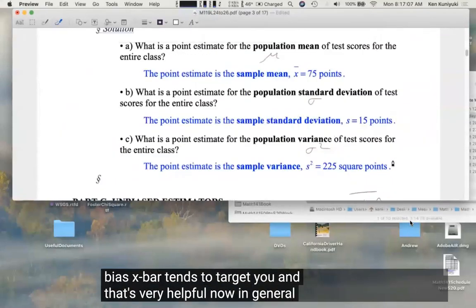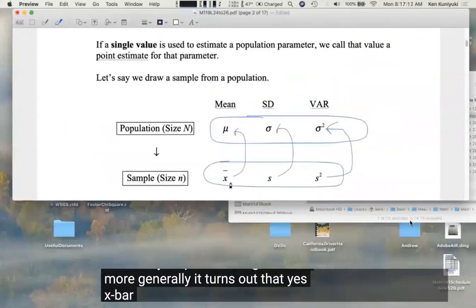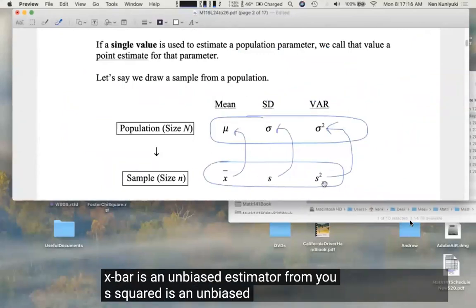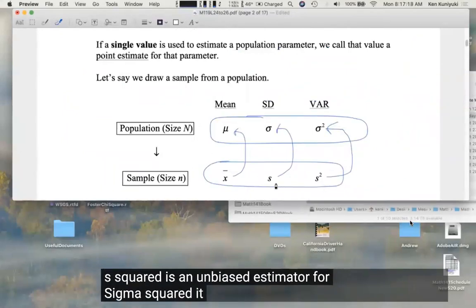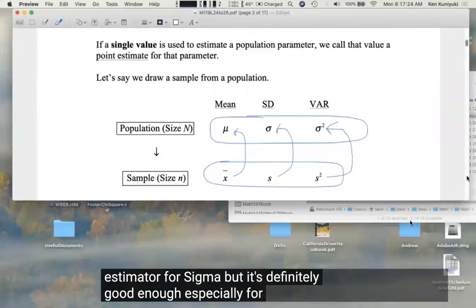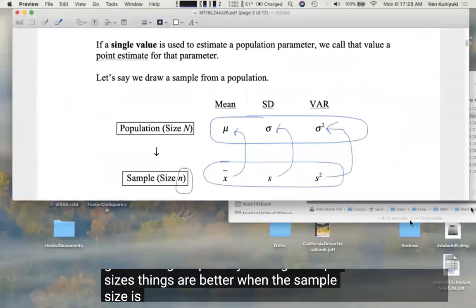Now, more generally, it turns out that, yes, X bar is an unbiased estimator for mu. S squared is an unbiased estimator for sigma squared. It actually turns out that S is technically not an unbiased estimator for sigma, but it's typically good enough, especially for large sample sizes. Things are better when the sample size is bigger.